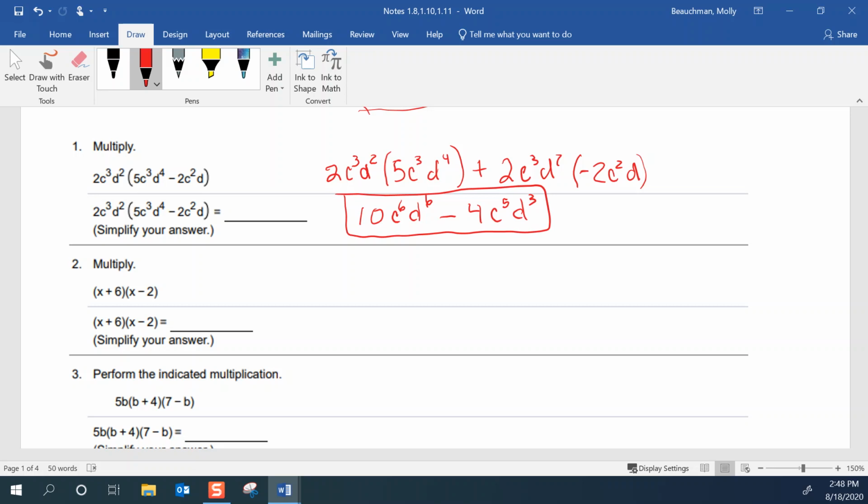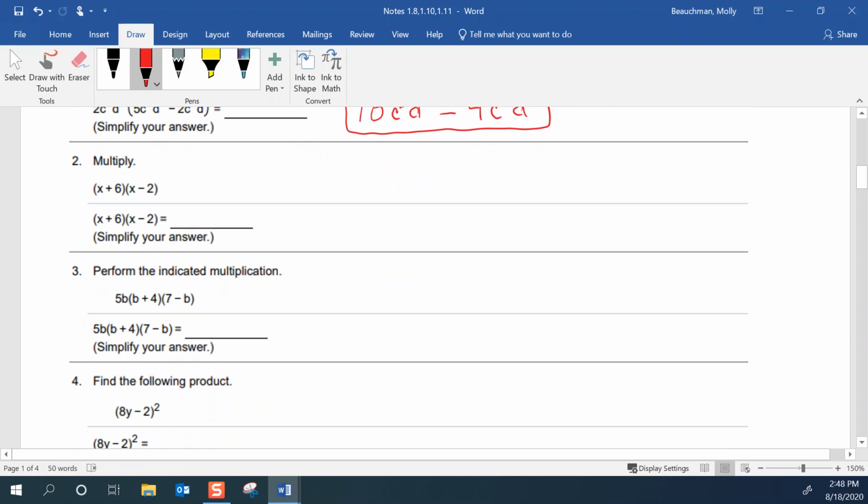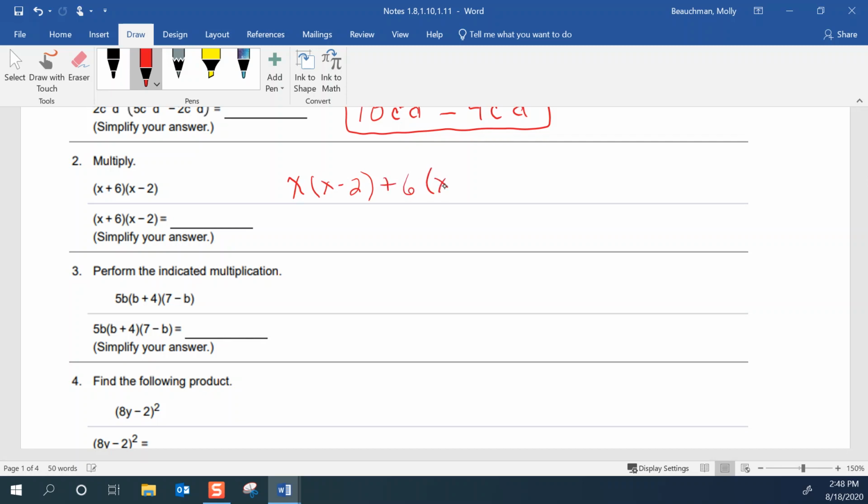Next example, we're going to multiply a binomial times a binomial, so I'm going to write it out. We're going to take x times (x minus 2). Then we're going to add, because that's a positive 6, 6 times (x minus 2). So that's distributive property. Now we take distributive property again.